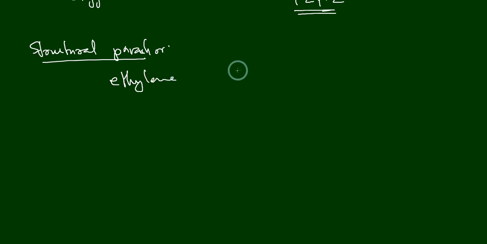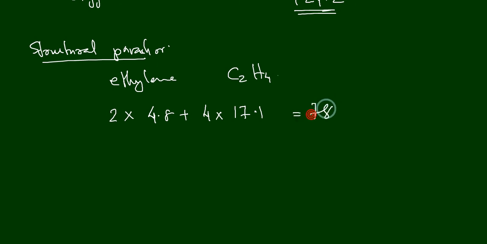Ethylene is C2H4. We can calculate its parachor from the atomic contributions. There are two carbon atoms, so 2 into 4.8, plus 4 hydrogen atoms, so 4 into 17.1, and if you calculate this it is equal to 78. So we should expect that the parachor of ethylene is 78.